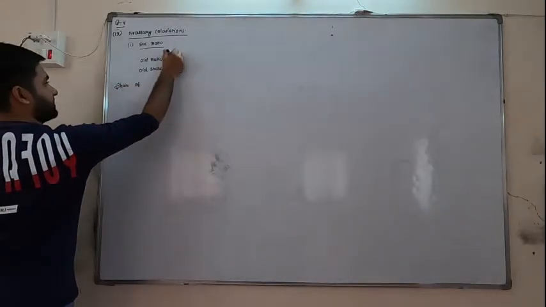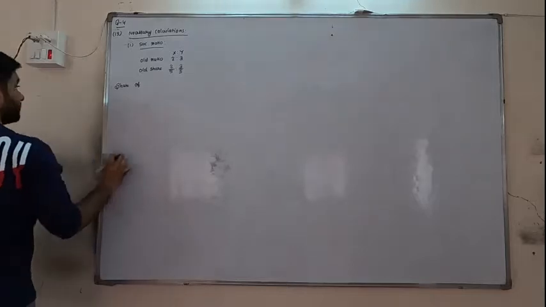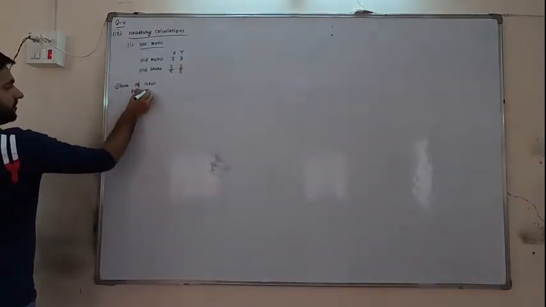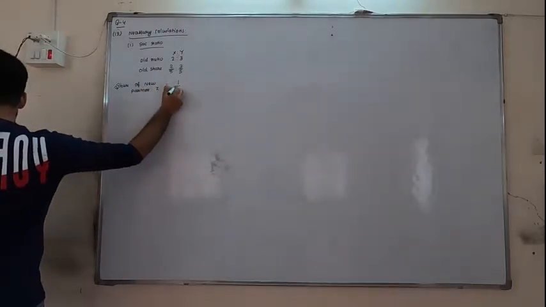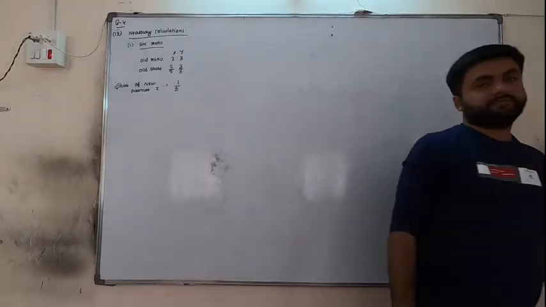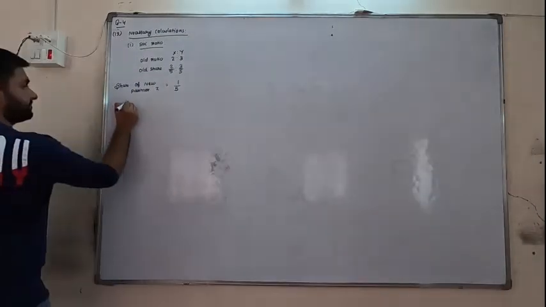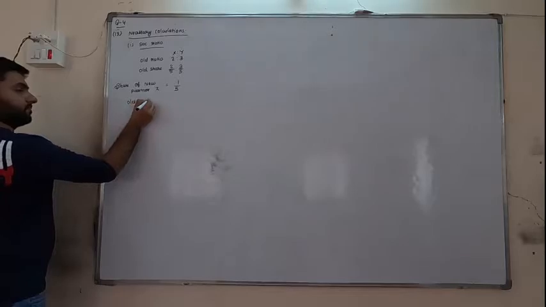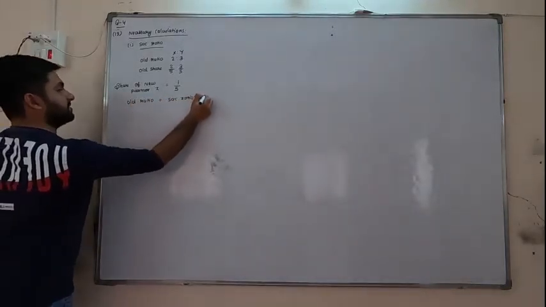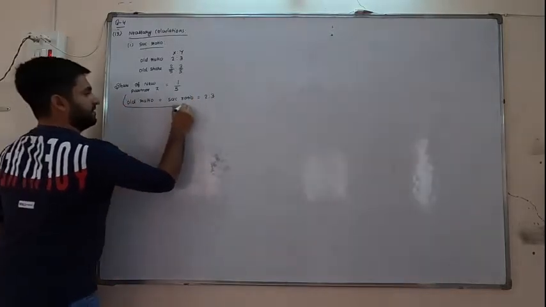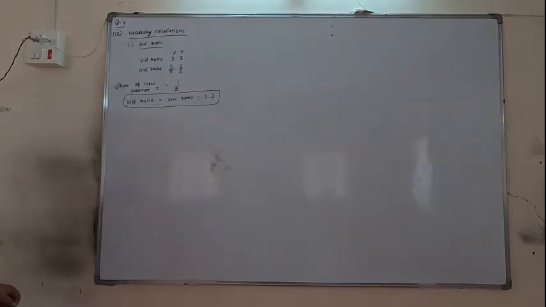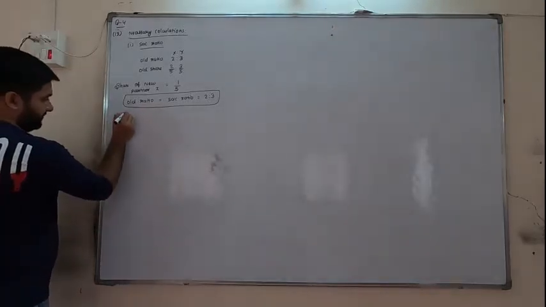Partners are actually X and Y. Share of new partner Z is 1/5. So based on this information, we can say that old ratio is equal to sacrifice ratio is equal to 2:3. So none of the partners is gaining. So third calculation for that is not required, but one extra calculation is required.